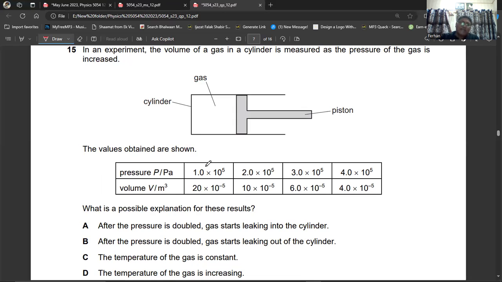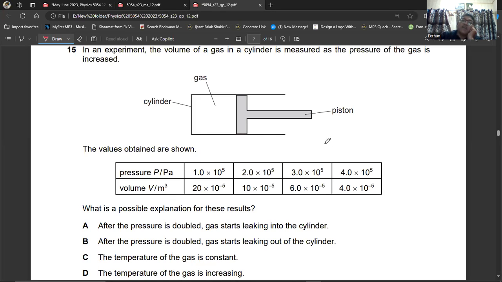Here you can see when I made the pressure double, the volume became half. When I make the pressure 3 times, the volume has not become 1/3. Because when you divide 20 times 10^-5 by 3, it should become 6.666 times 10^-5. It has only become 6 times 10^-5.